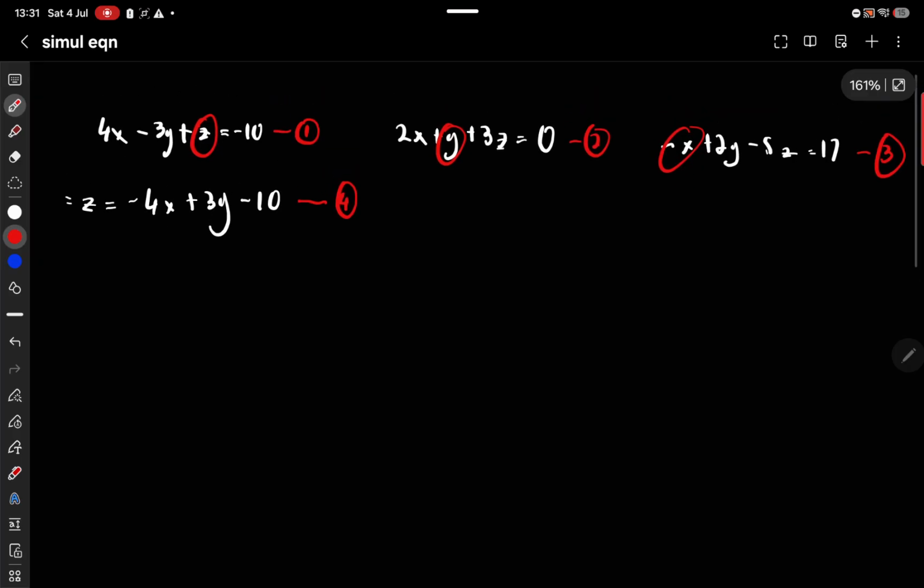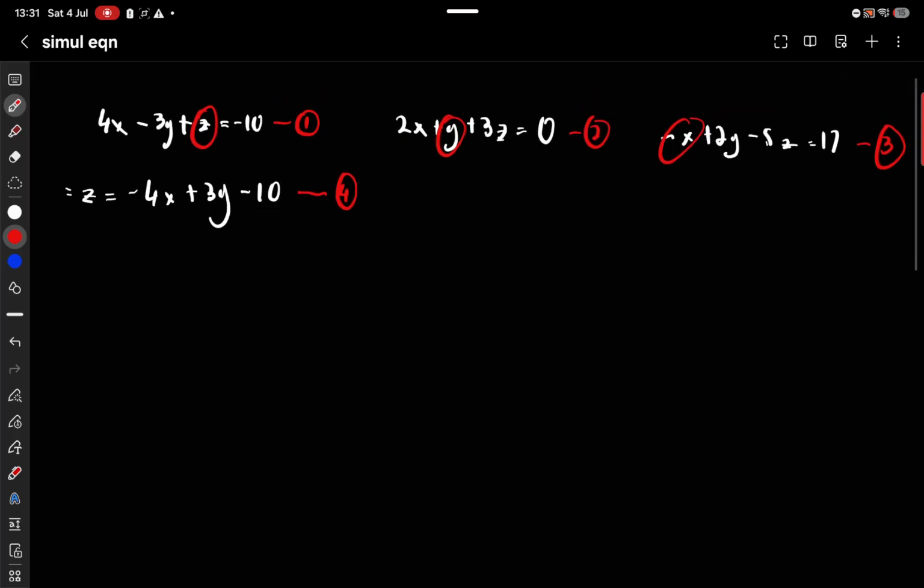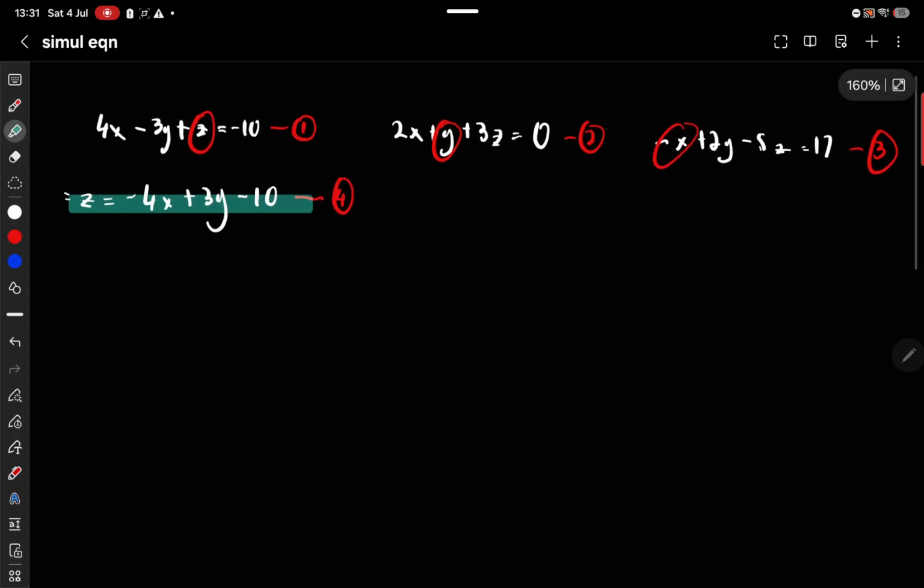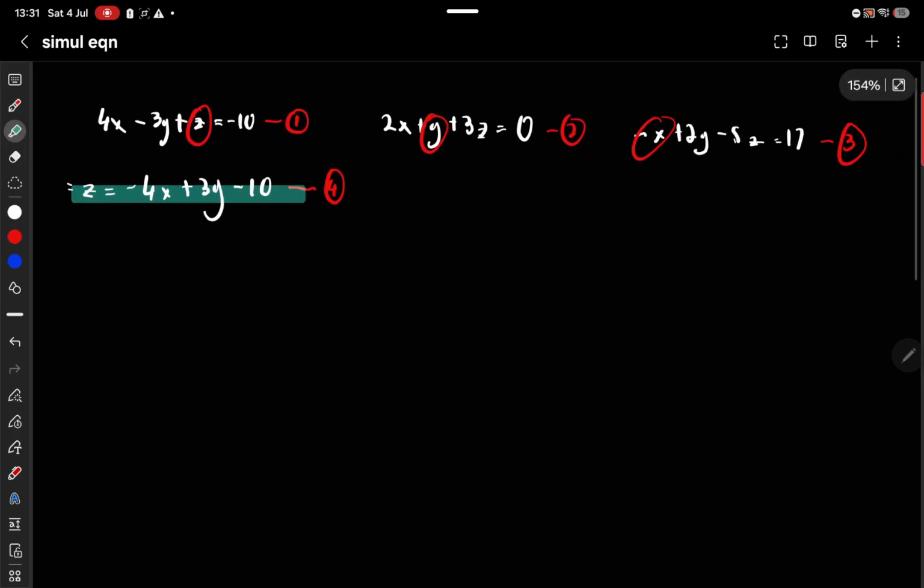So now we know that theoretically our z equals negative 4x plus 3y minus 10. The smart thing to do here would be to sub our fourth equation into our second equation.